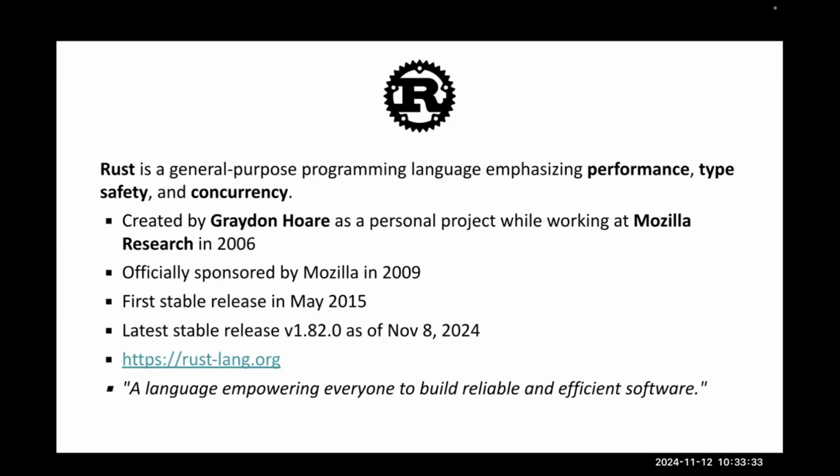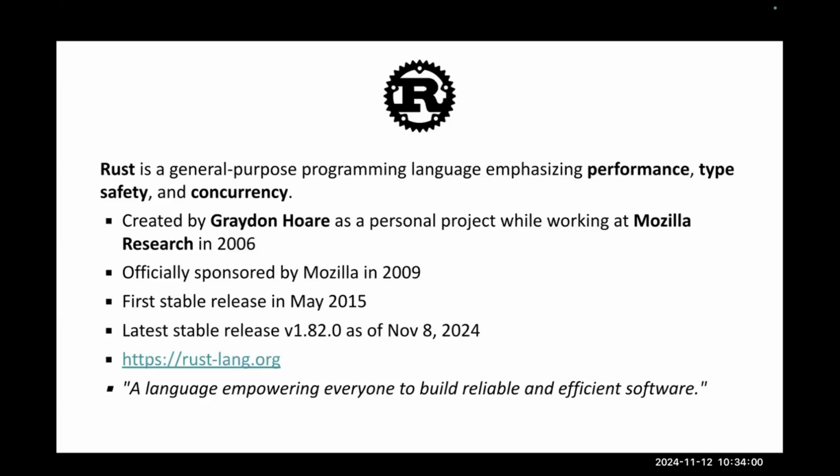And the latest version that you will be using today was released, I think, in October, and it's 1.82. So the Rust official website is very, very good. It contains tutorials, examples, and the best practice guide, and also the most important of all, the programming book, which is very, very good.